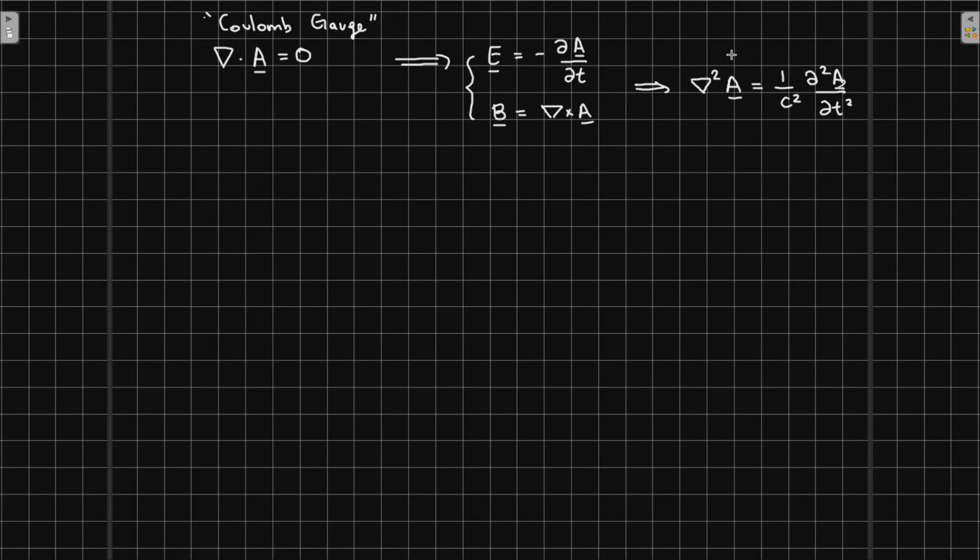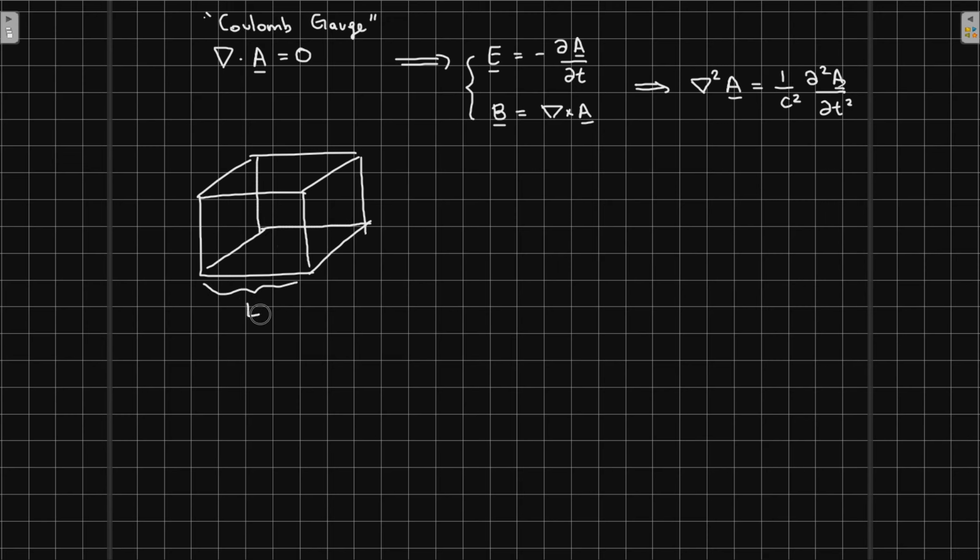So if we consider a box of length L, so volume V equals L cubed, then applying periodic boundary conditions, I will get a series of electromagnetic waves.